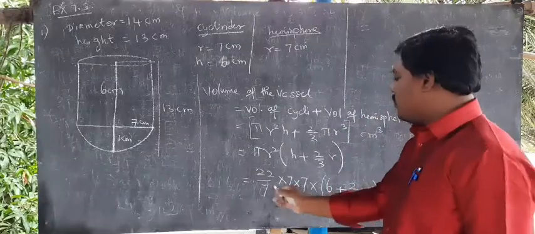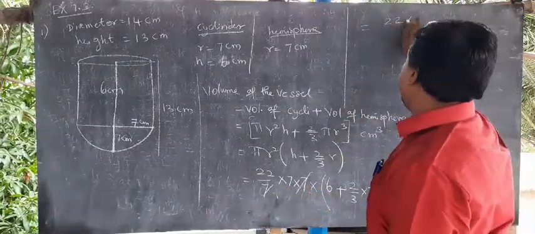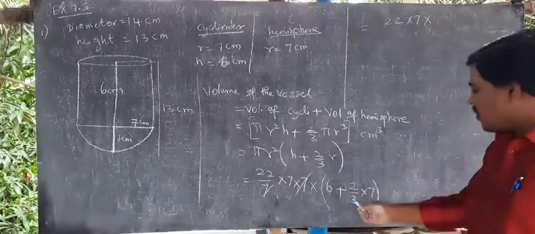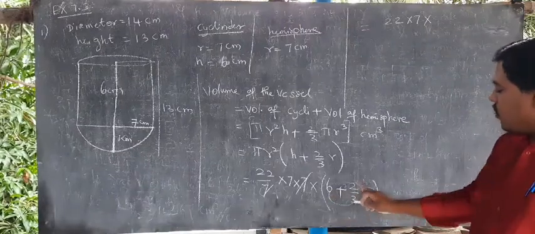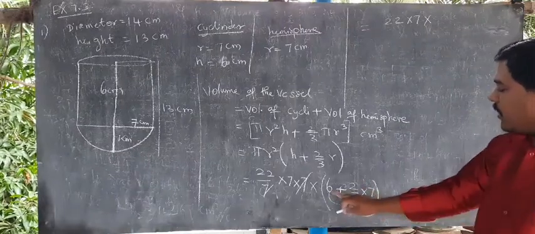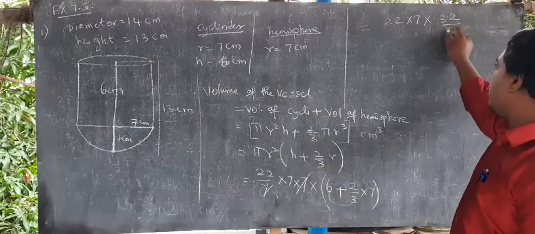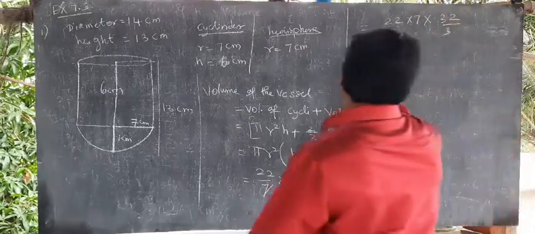This 7 will be cancelled. 22 into 7 into, 3 into 6 is 18, here 2 into 7 is 14. 18 plus 14 is 32 by 3. 22 into 7 is 154.